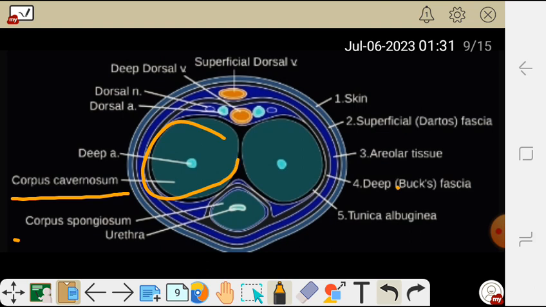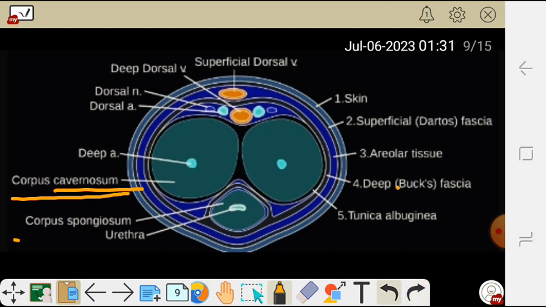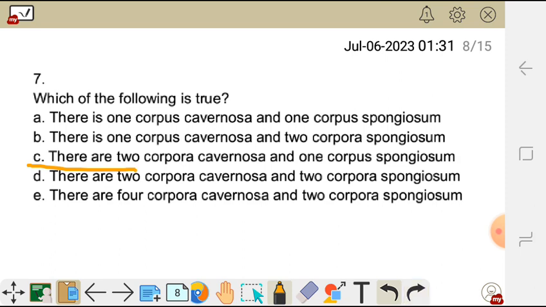These two only have one corpus spongiosum, which is this one here, where the urethra passes. So we have two corpora cavernosa and one corpus spongiosum. So the correct answer here is C. The correct answer for question 7 is C.